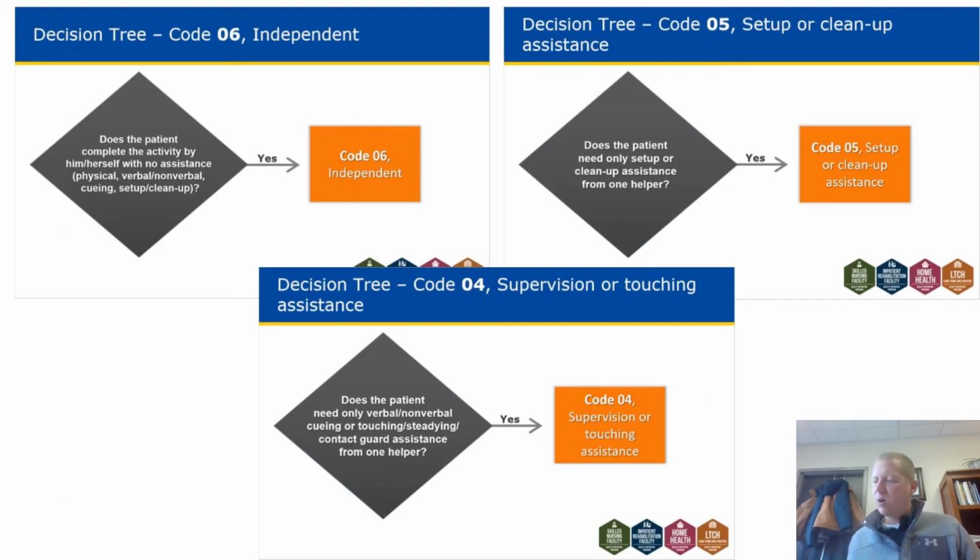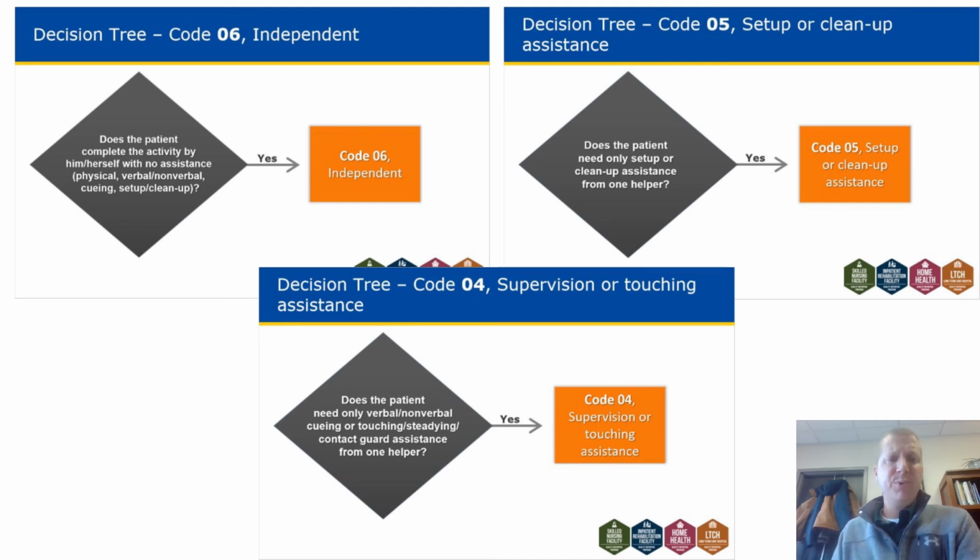So this is part of the decision tree, and I tried to lump some of them together to try and cut back on slides because this just was an overwhelming piece. But this is your decision tree, helps you identify, so whatever you're assessing, say it's eating.